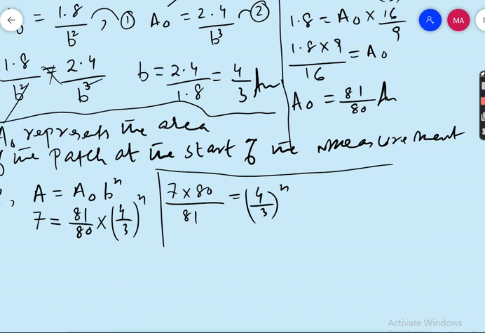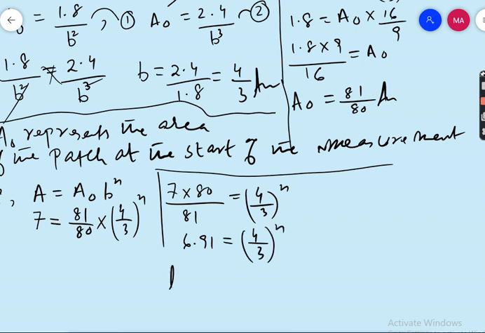Simplify it. The answer is 6.91. 6.91 equals 4 upon 3 to the power n.